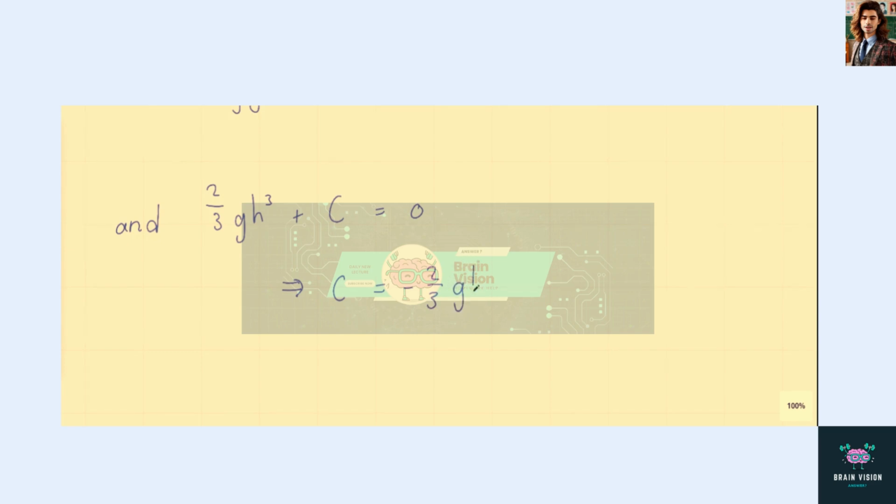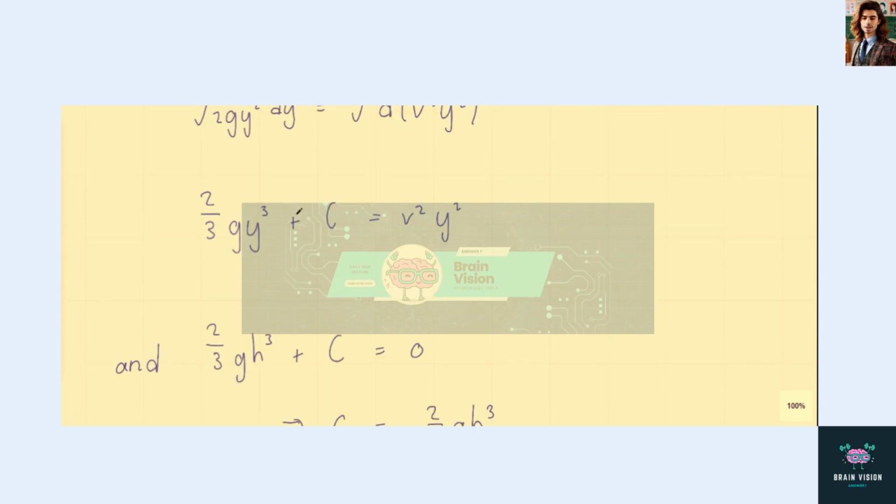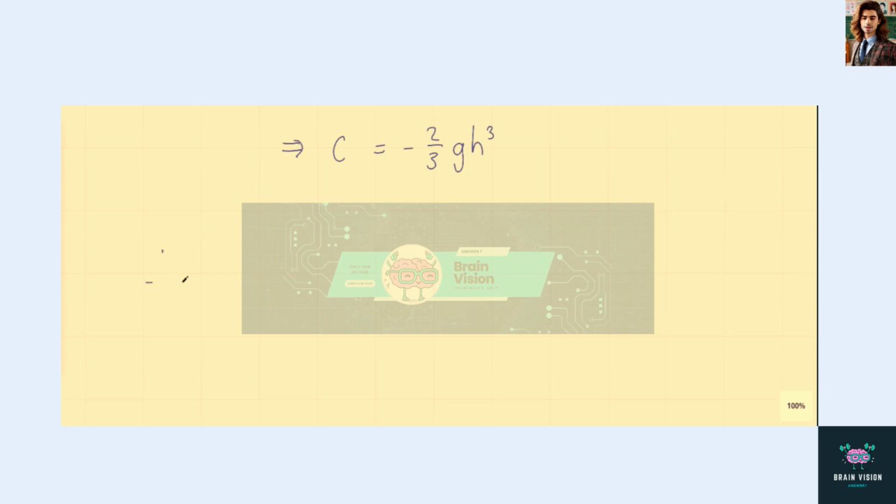2/3 g h cubed. And so going back to our equation, we get that 2/3 g y cubed minus 2/3 g h cubed is equal to v squared y squared.